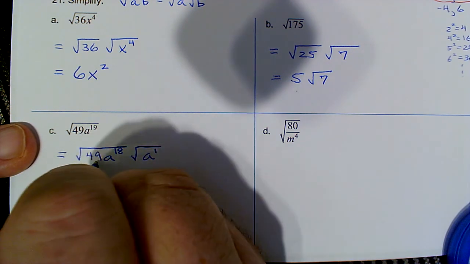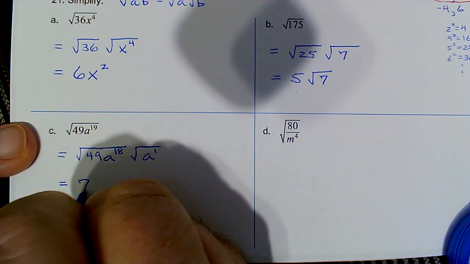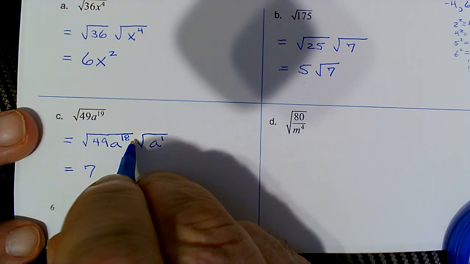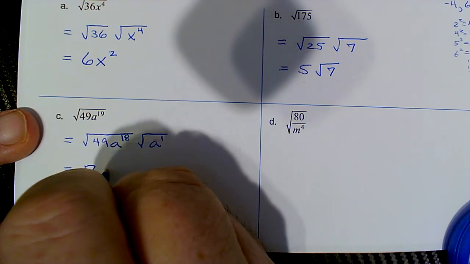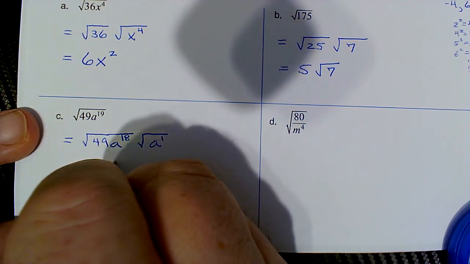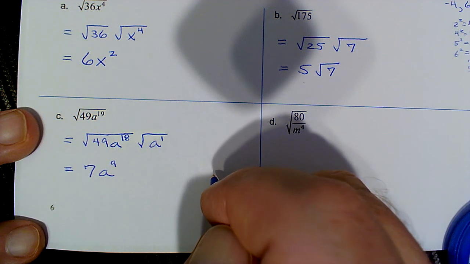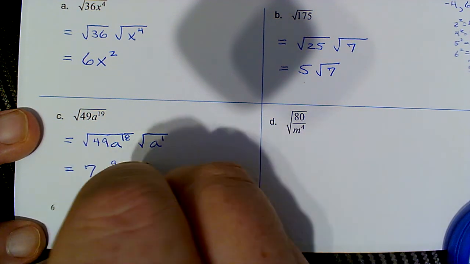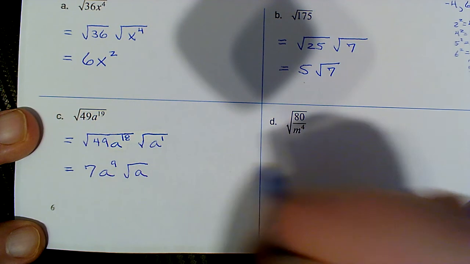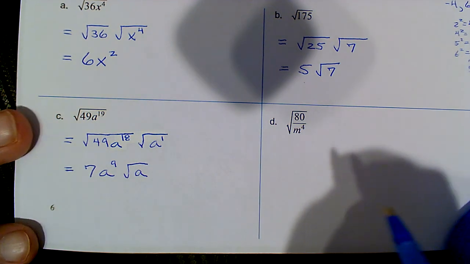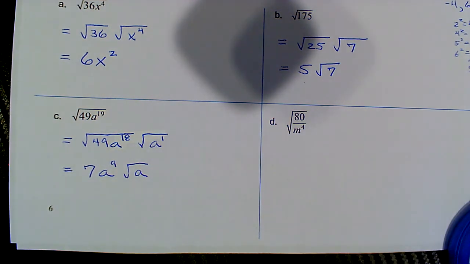And then you could take the square root of 49, which is 7, and the square root of a to the 18th, again, we're going to divide the exponent by 2 and remove the radical, so it becomes a to the 9th. And then that square root of a to the first just has to stay as part of the product.